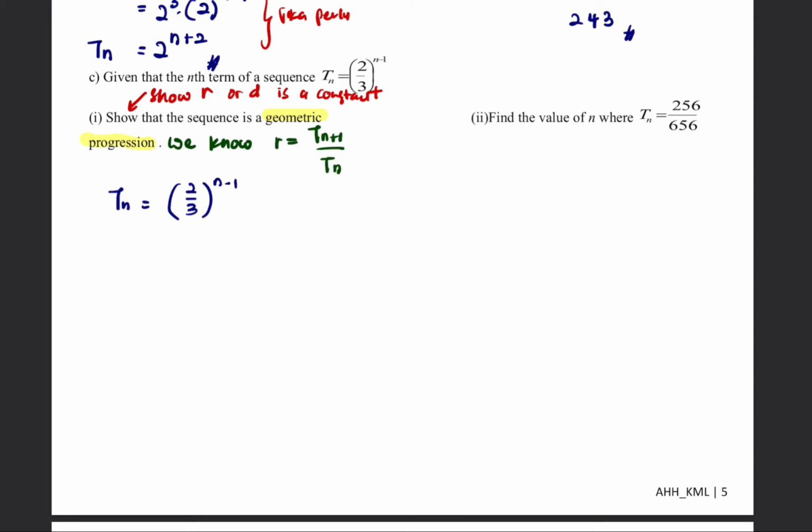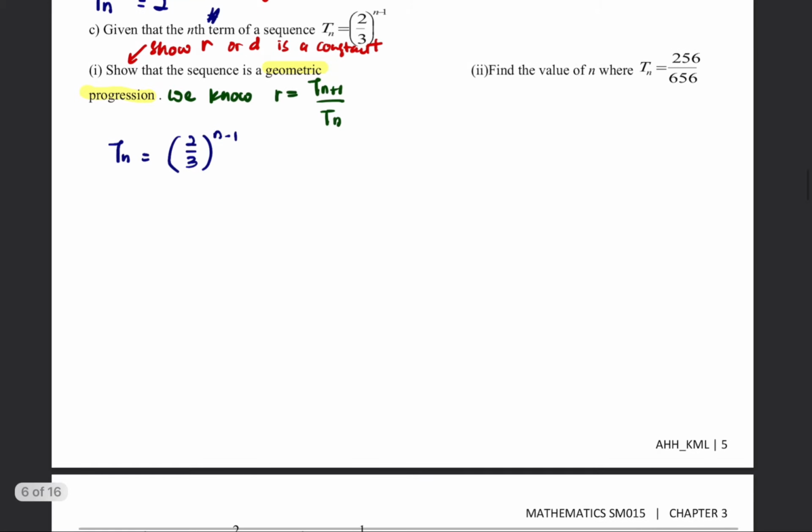Okay, so now we are going to find Tn plus 1. So apa beza Tn plus 1? Basically kita just buat n plus 1 dekat sini lah. So Tn plus 1 is equals to 2 over 3. So dekat n ni kita ganti dengan n plus 1. So you will get n plus 1. Okay, boleh faham ke?